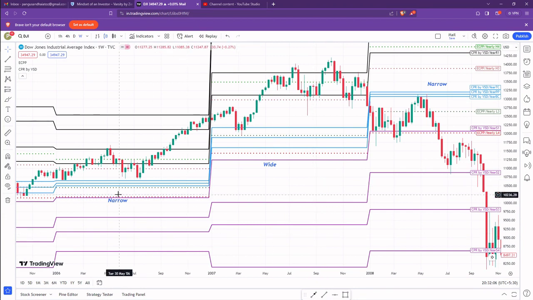He was saying that in 2006 it was narrow, 2007 it was wide, and 2008 it was very narrow, still more narrow compared to this. So he was expecting a very trending nature. We might go in any direction for the entire year.